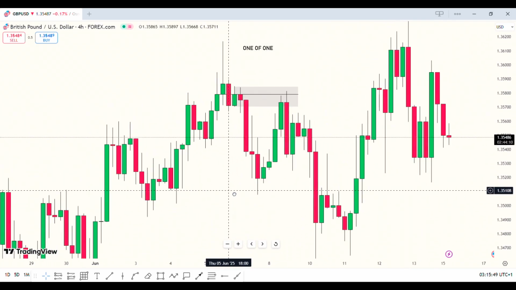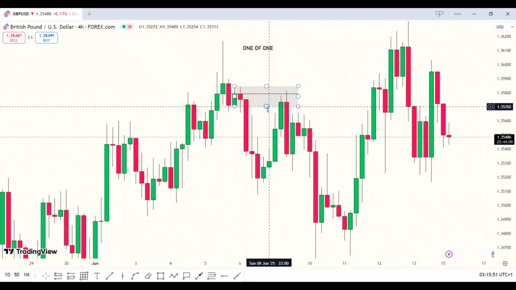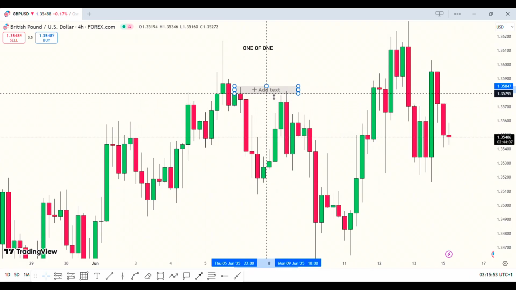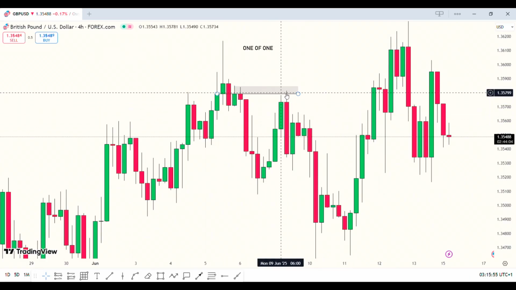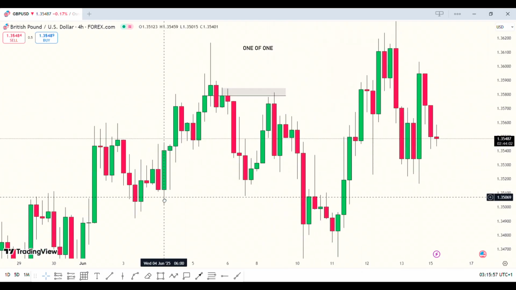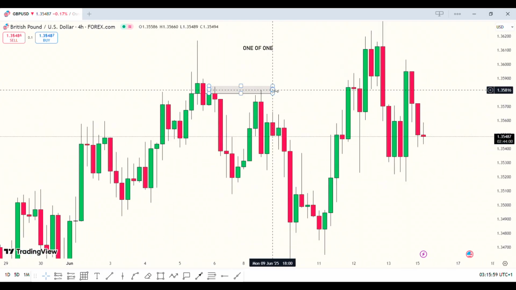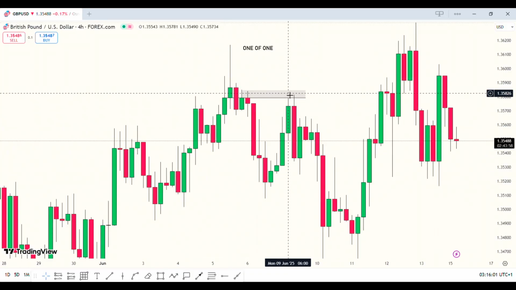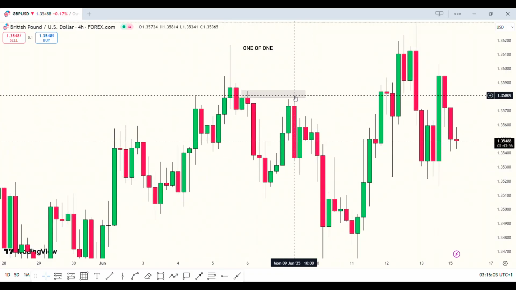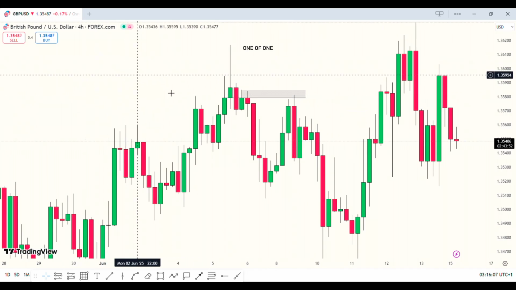So instead of using the entire zone here, you can see that we are going to refine it to that level, and that will become our entry. So this is for the first instance. And of course, I think you can get an even more precise entry if you go to the 1 hour time frame.